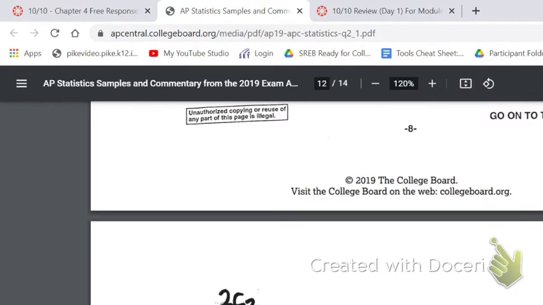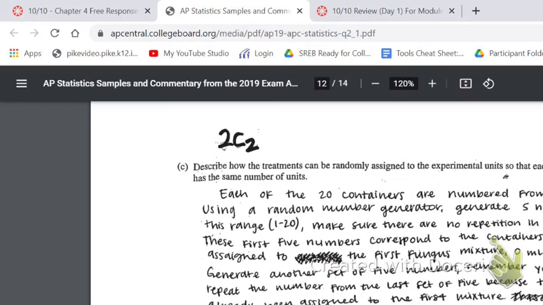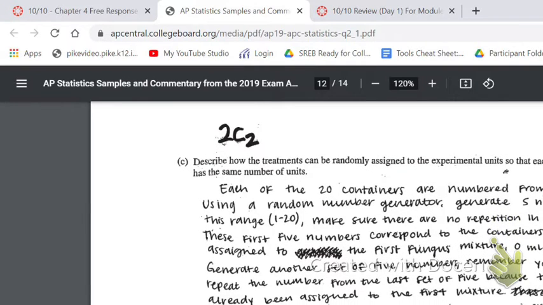And then their answer to part C was: each of the 20 containers are numbered 1 to 20. Using a random number generator, generate 5 numbers within this range, 1 to 20. Make sure there are no repetitions in the numbers. The first 5 numbers correspond to the containers being assigned to the first fungus mixture, 0 milliliters per liter. Generate another set of 5 numbers.